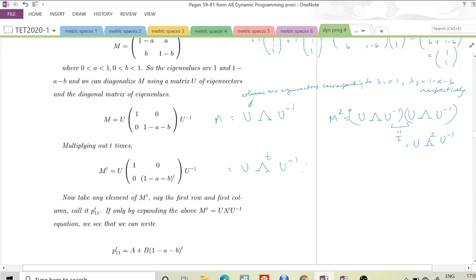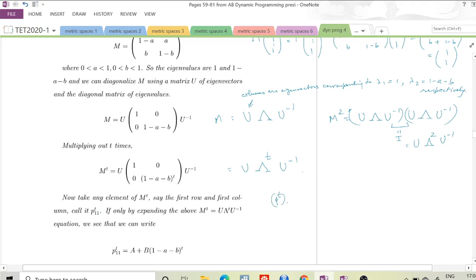So that's pretty useful. If you do this for this two-state case, you will see that I can write the elements of the M raised to the T matrix as follows. So this looks like P11 raised to the T. That's not what is meant here. So it says take any element of M raised to the T, say the first row and first column, call it PT(11).